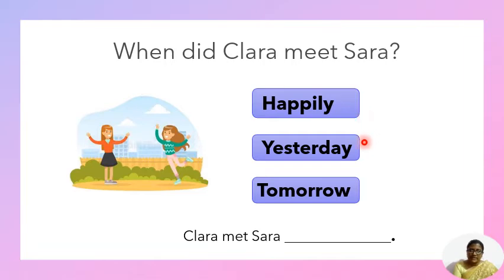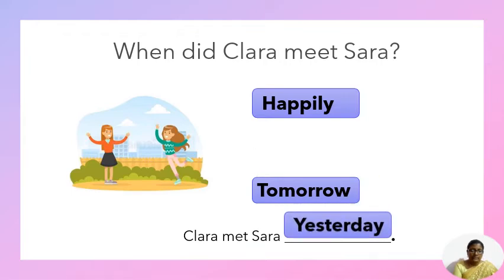Next, yesterday. Yes. Clara met Sarah yesterday. So does it give meaning? Yes, it gives meaning. So what is the third option? Clara met Sarah tomorrow. Does it give a complete meaning to the sentence? No. So what will be the answer? Clara met Sarah yesterday. So yesterday is the adverb here.